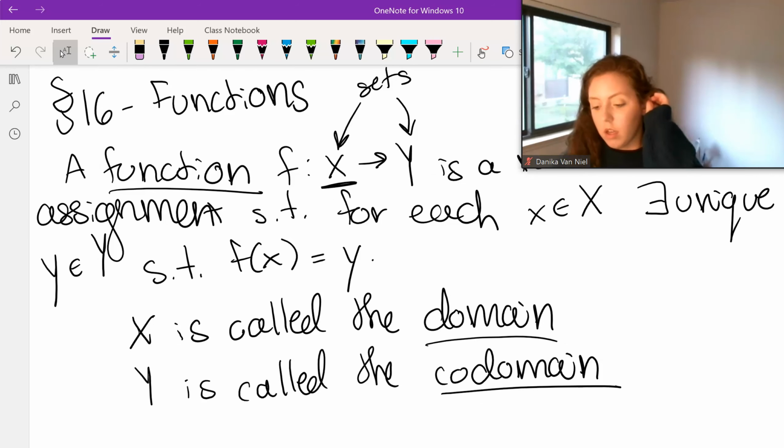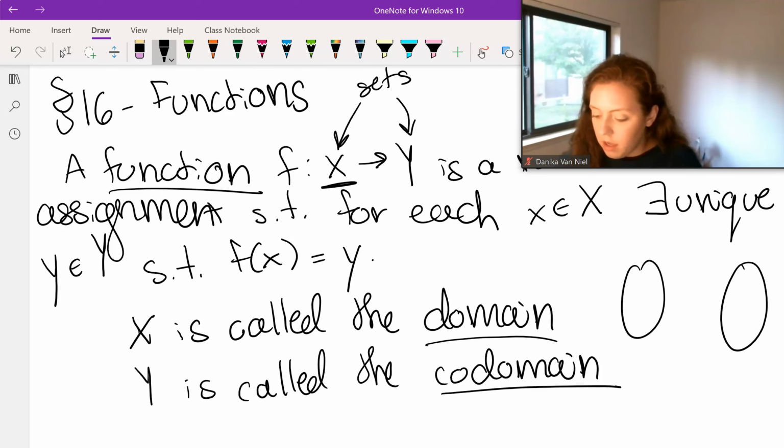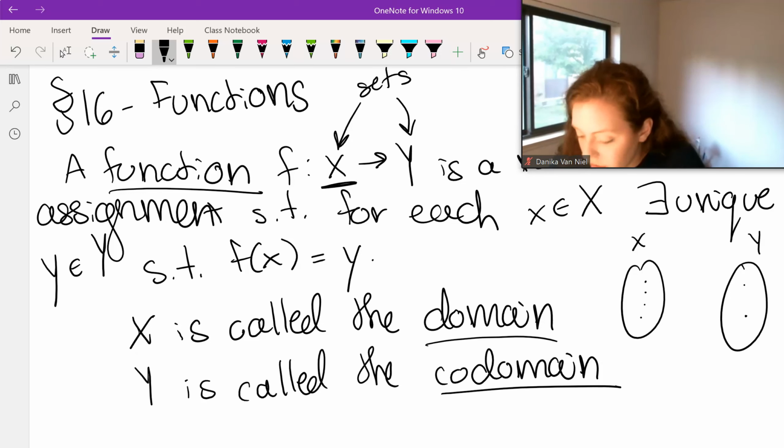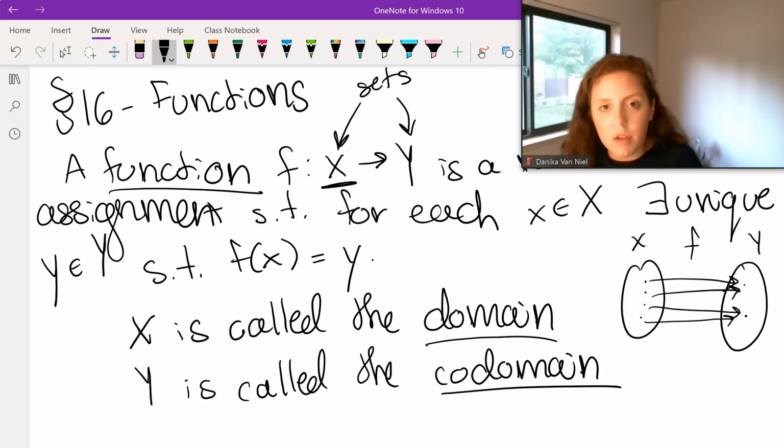Oftentimes how I like to demonstrate this with drawing is I'll draw two little, maybe like rucksacks. This one is the set x and this is the set y. Maybe you have a couple of points in here and two points over there. So f is going to define where all of these elements go in y.